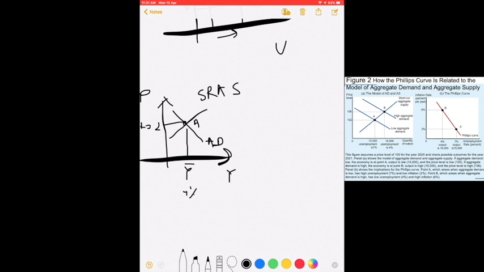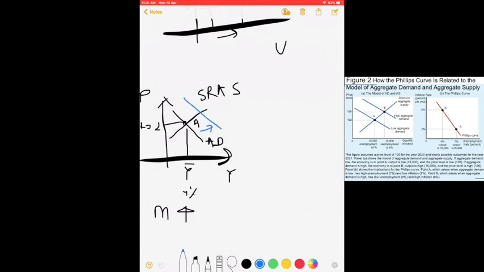Now, what the government can do, or the central bank can do, is, if you recall, they can actually move the aggregate demand curve up or down by changing the money supply. So let's assume that in this case the government decides that we're increasing the money supply. When the government increases money supply, what happens is that your aggregate demand moves forward.